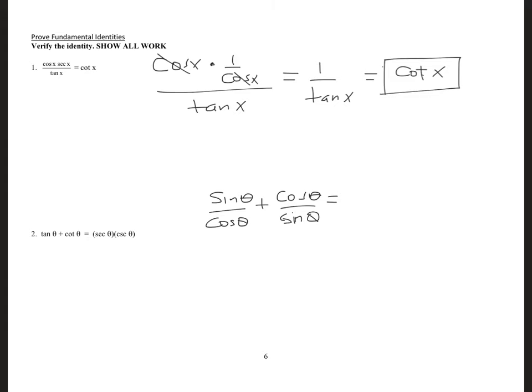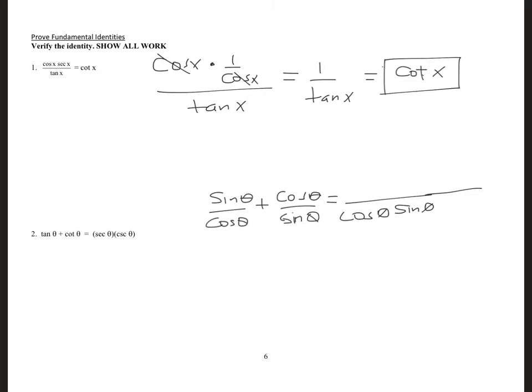I need a common denominator, so my denominator is going to be cosine theta sine theta. When I divide this by that, I need to multiply both sides by sine. And when I do this by that, I need to multiply by cosine.